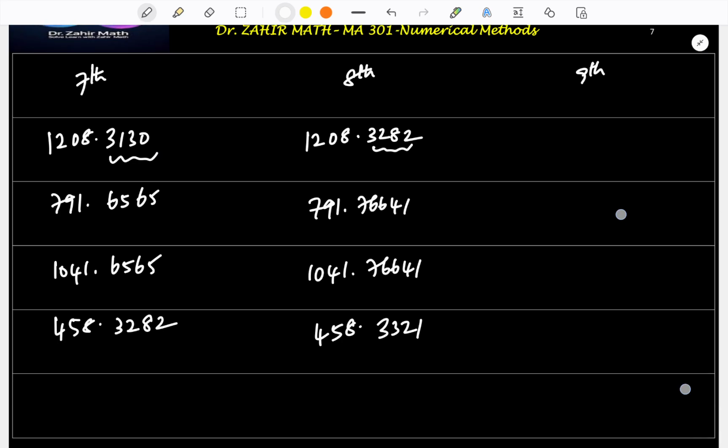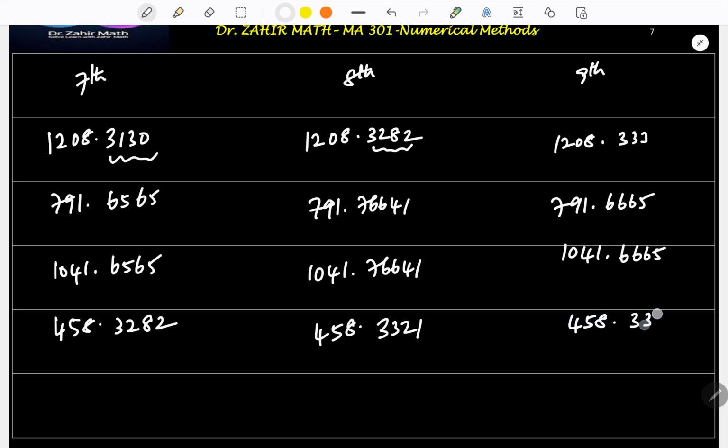So let me go for the ninth iteration. Ninth one is 1208.333, 791.6665, 1041.6665, 458.3333. Is anything matching? 333 is nearest.